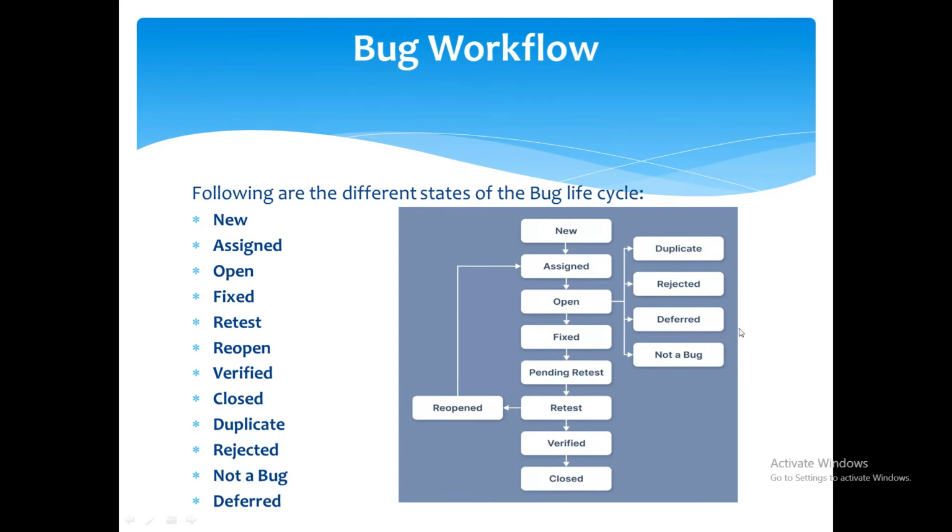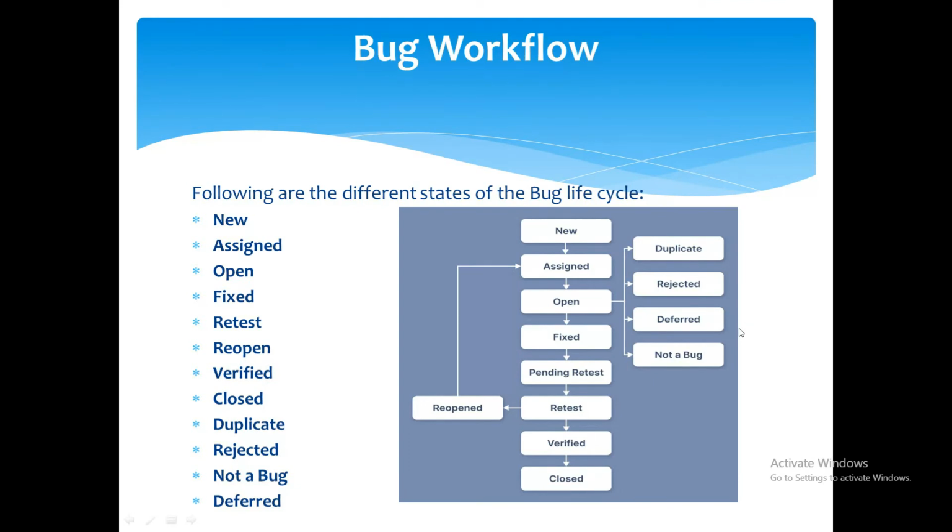After the tester has posted the bug, the lead of the tester approves that the bug is valid and assigns the bug to the corresponding developer and developer team. Its state is given as assign. Third one is open. At this stage, the developer has started analyzing and working on the defect fix.